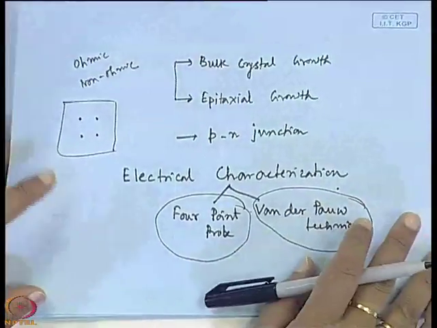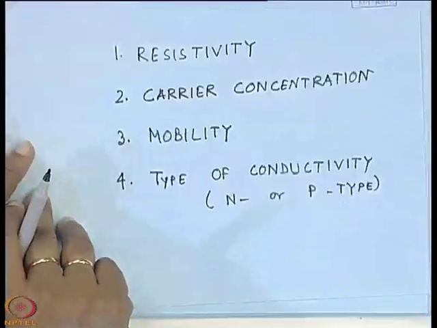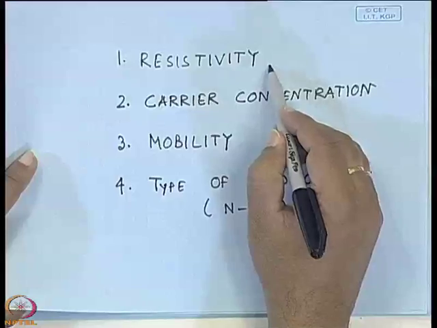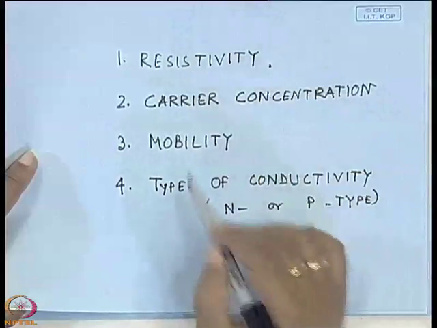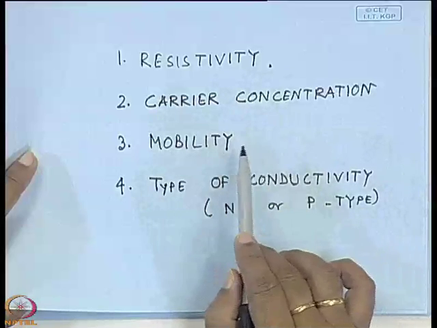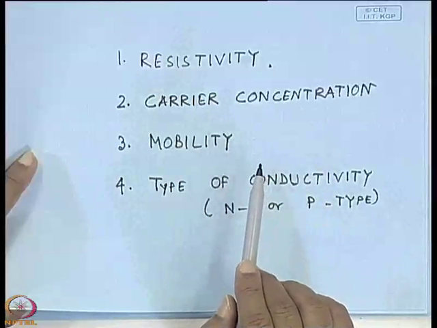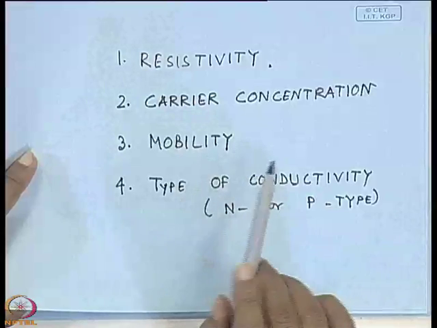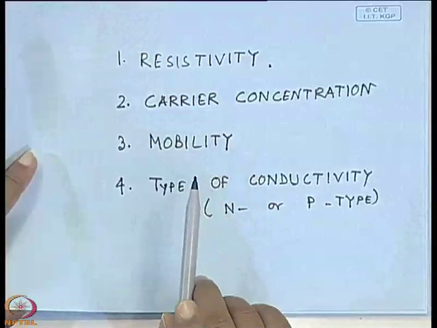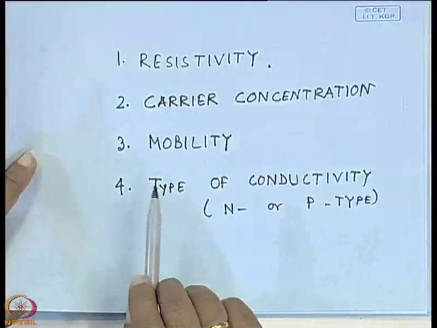Remember that using 4-point or Van der Pauw technique we shall be able to measure only the resistivity of the material, not any other thing. The rest of the properties or parameters can be evaluated by Hall effect measurements, not by Van der Pauw or by 4-point probe. But for Hall effect measurements you need the Van der Pauw configuration.